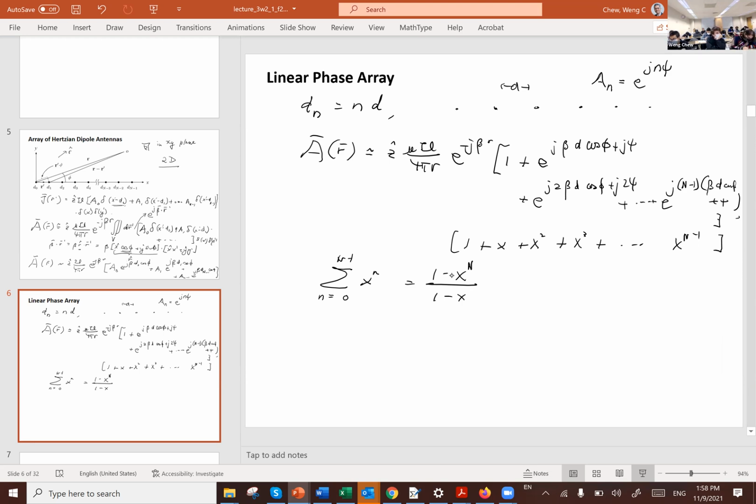It will be something like this, and then we just identify x to be e to the j beta d cosine phi plus j psi.